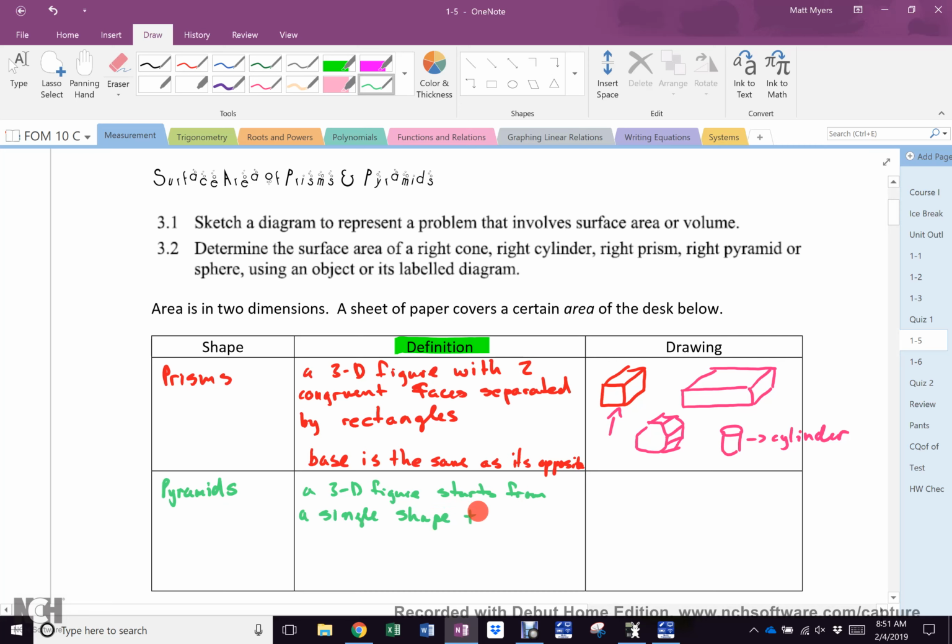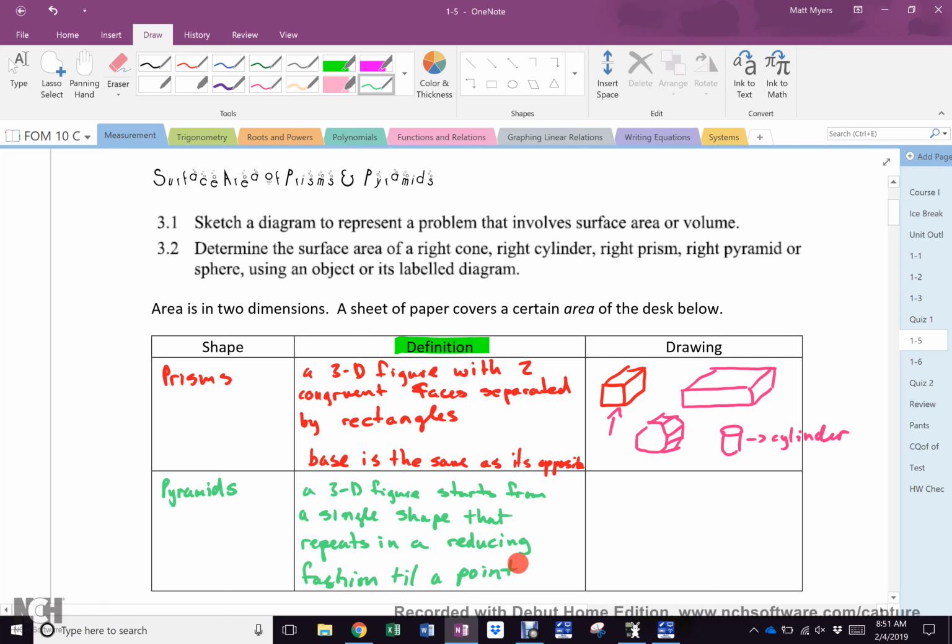A single shape that repeats in a reducing fashion to what? When does a pyramid end? Till a point.